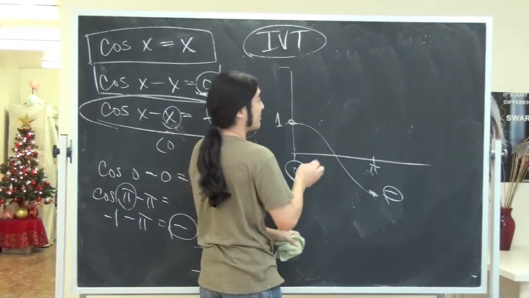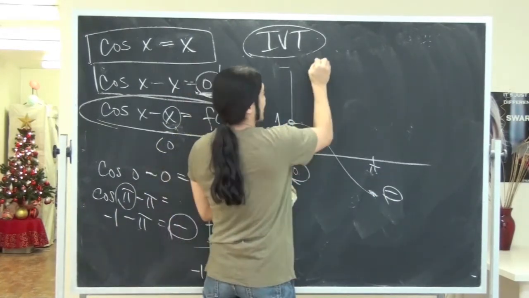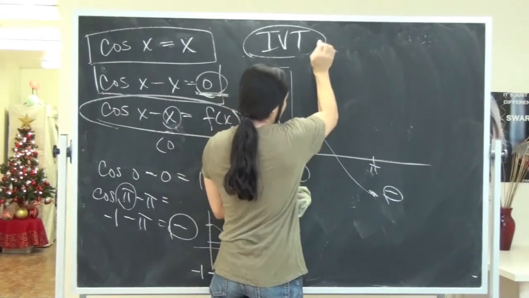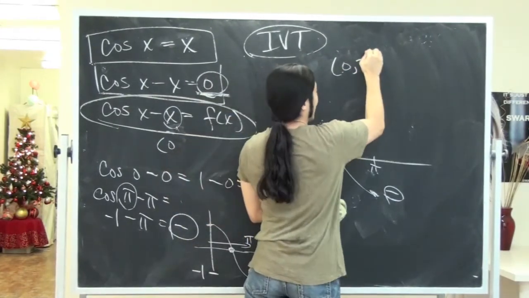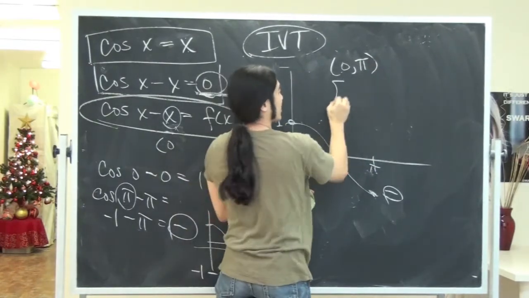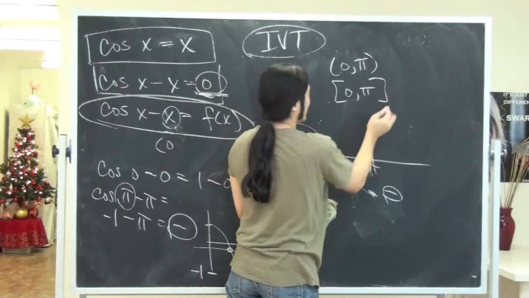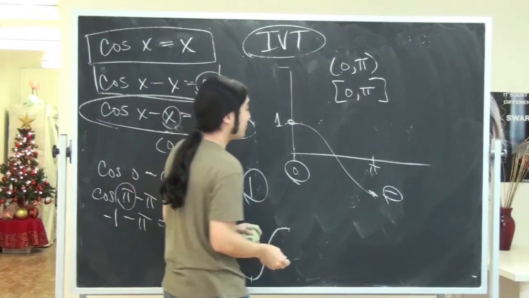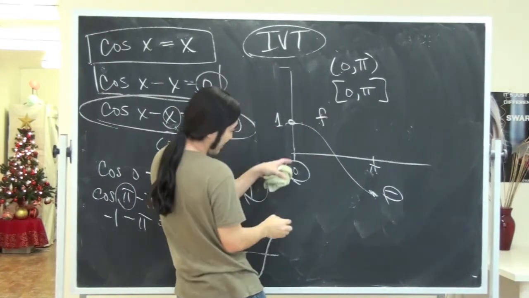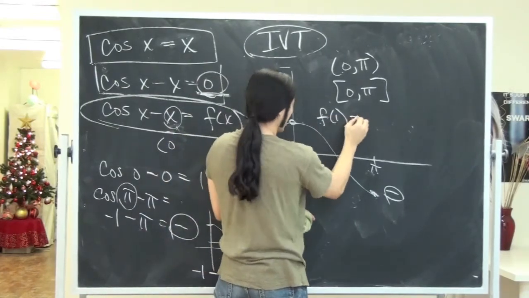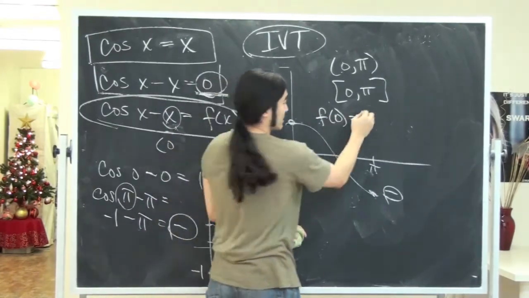Okay, then I'll use the intermediate value theorem. So the intermediate value theorem says since, so first get your interval, so you have 0 up to pi. Is it true that this function is continuous from 0 to pi? Sure, it's continuous everywhere. No big deal. Okay, then I need to pick a value. So let's say f of 0 is equal to 1.